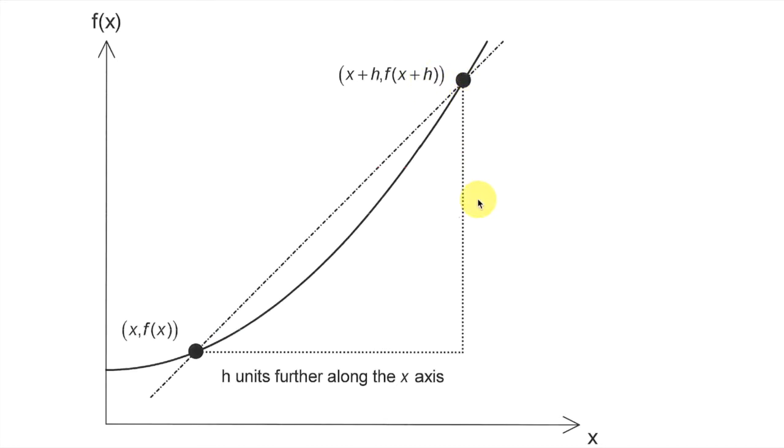Now, if we're trying to achieve what the instantaneous rate of change is here, if I can move that dot closer and closer and closer towards this first point, then I'll end up getting a better approximation for the instantaneous rate of change here.